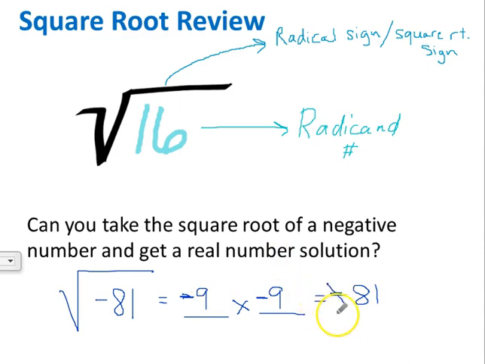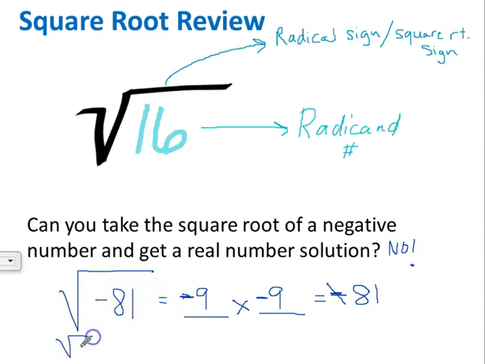So there is no way to get a real number solution of a negative number. So the answer is no. You cannot take the square root of a negative number and get a real number solution. So keep that in mind.